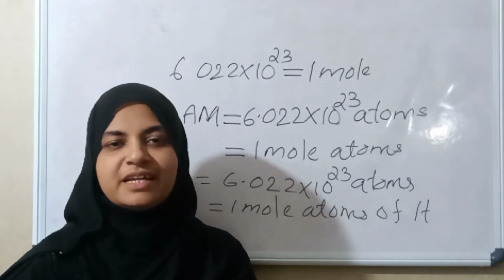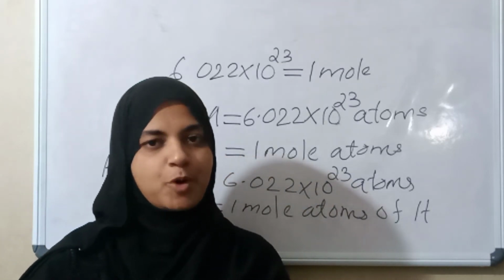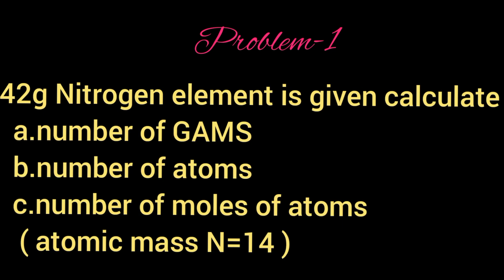Okay. Then we can do a problem. Problem 1. 42 gram of nitrogen element is given. Calculate the number of GAMs, number of atoms, number of moles of atoms. Given atomic mass of N equal to 14.